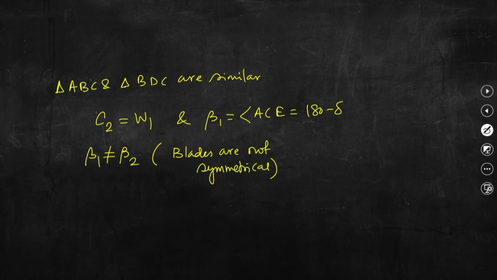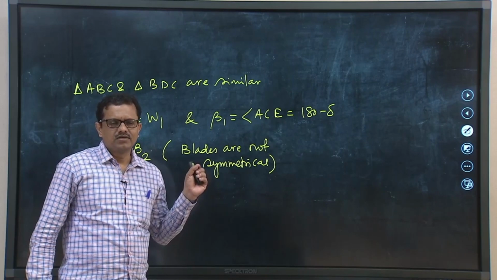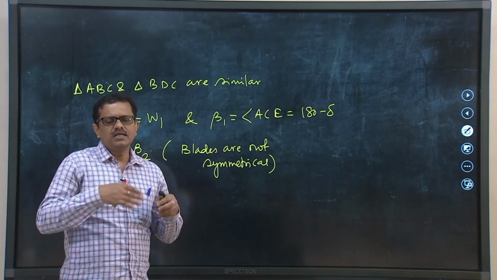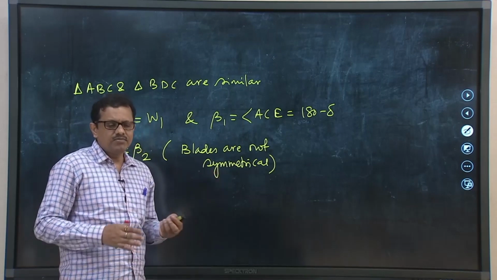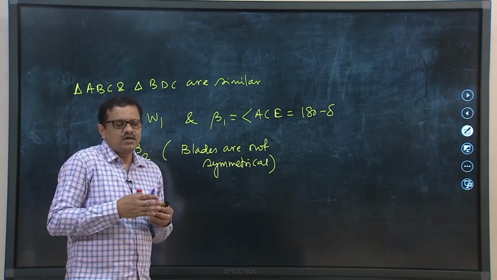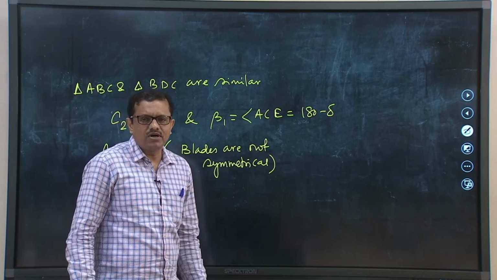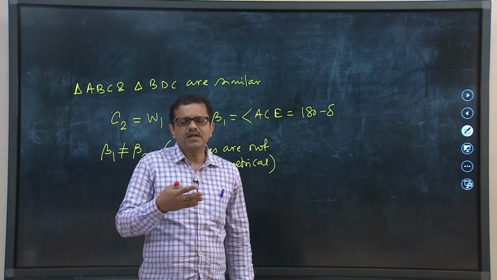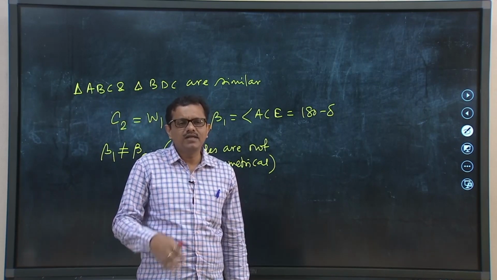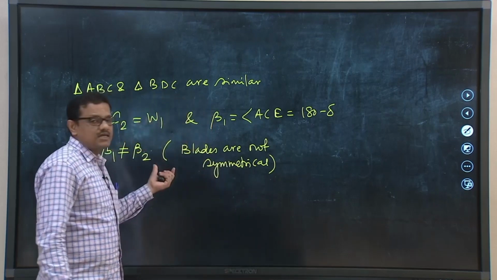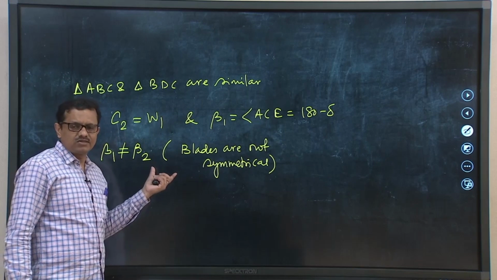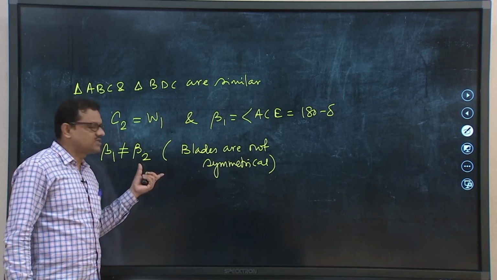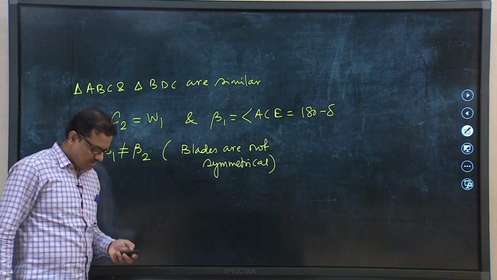You know that we had discussed for the impulse turbines that beta 1 equal to beta 2, right, because it is a true case for the impulse turbine, because most of the impulse turbines have symmetrical blades. So, basically beta 1 equal to beta 2 is a true case for the impulse turbine, but this is not a case for the reaction turbine.